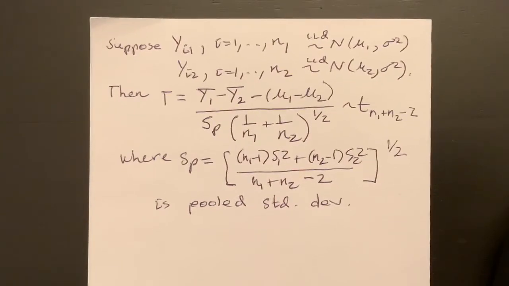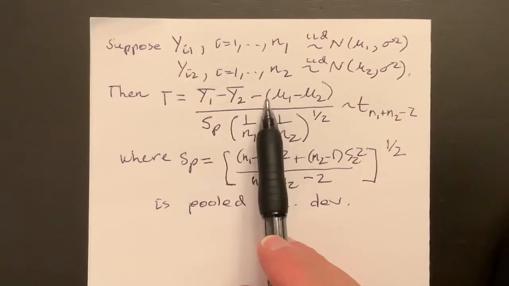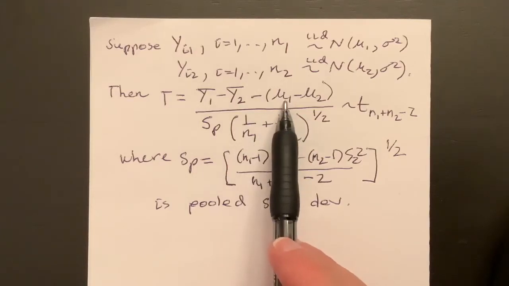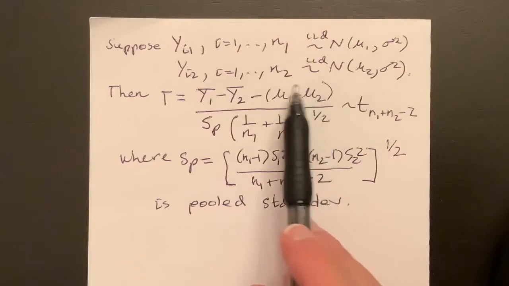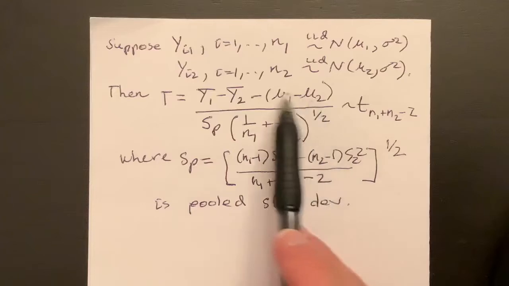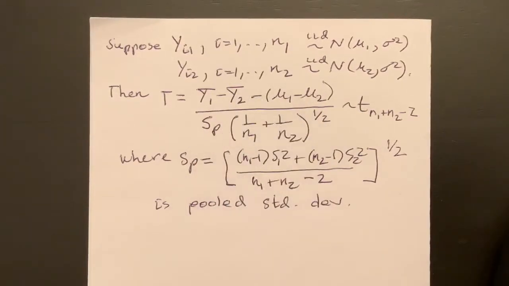Once you have it, you can show that under H0, if H0 is mu1 minus mu2 equal to a particular number, I can replace this with that number, and then everything else is defined. So that's the key here: using the test, I can replace this term mu1 minus mu2 with the number in the null hypothesis, and then fix the type 1 error that way.